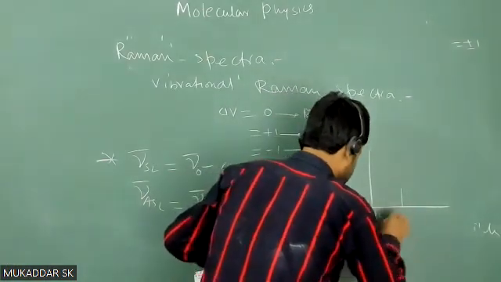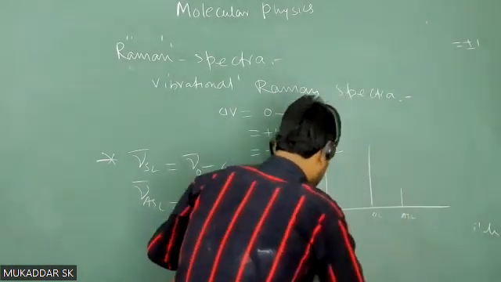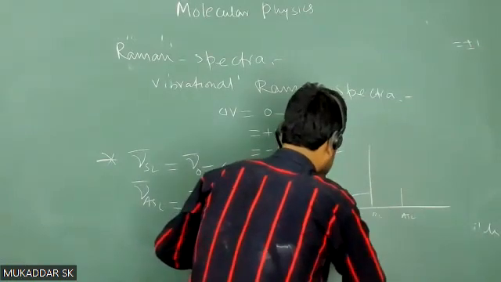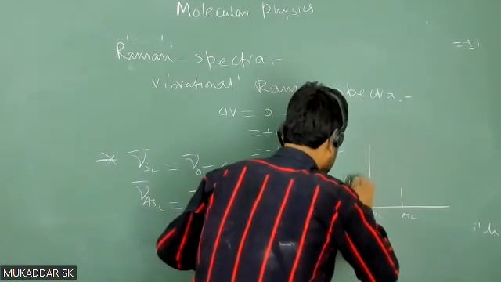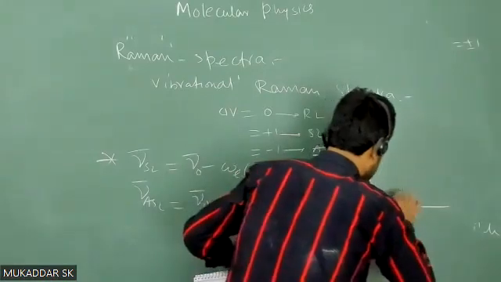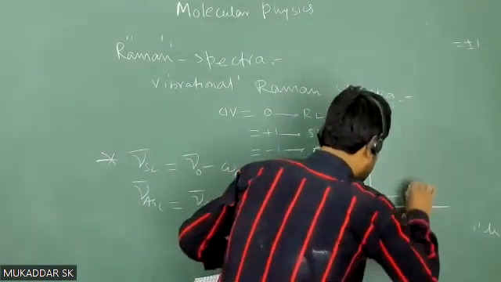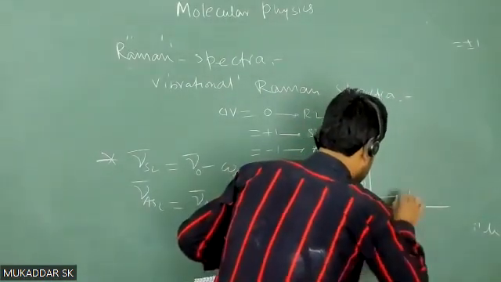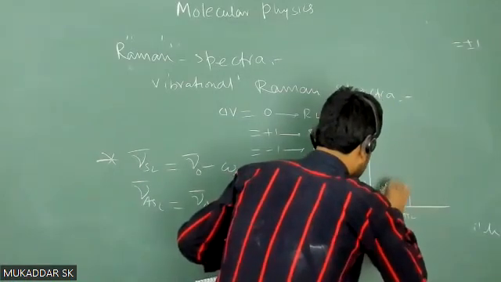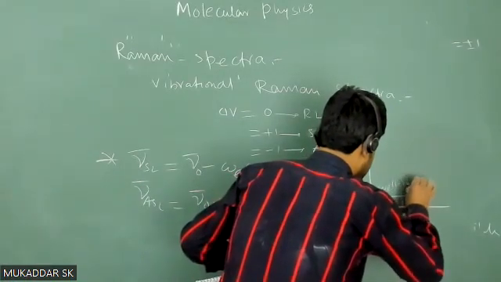This separation or Raman shift is omega e into (1 minus 2 xe), and this separation is the same actually, है ना। यहाँ पे पिक्चर फिगर में नहीं दिख रहा है, बट एक्चुअली में ये आपका सेम होता है। This is also omega e into (1 minus 2 xe).